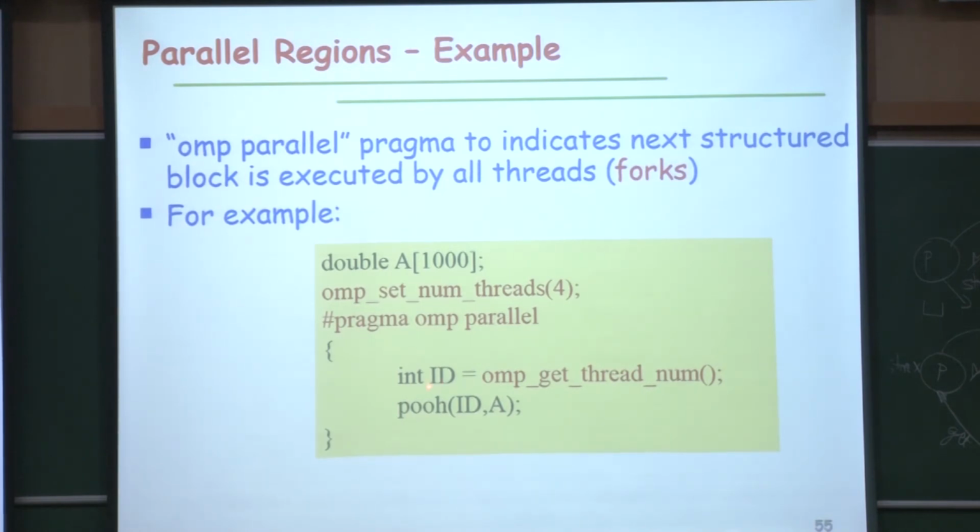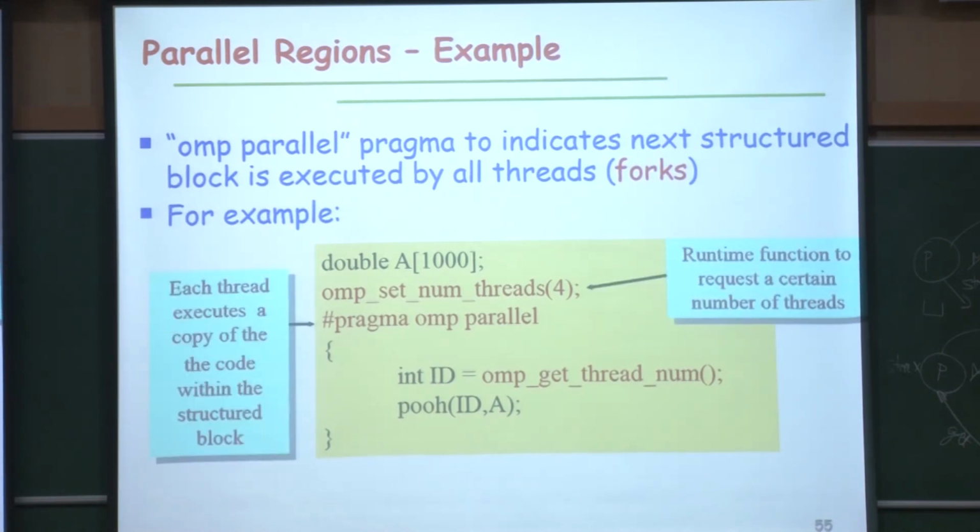What are they going to do? Each one is going to get an ID, which is basically its rank or PID, and then it is going to call this function poo, which could be a print function or any other function, with that particular ID and maybe this array, which is a shared array.